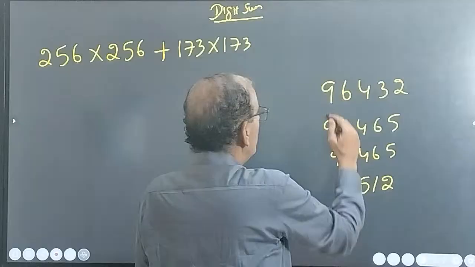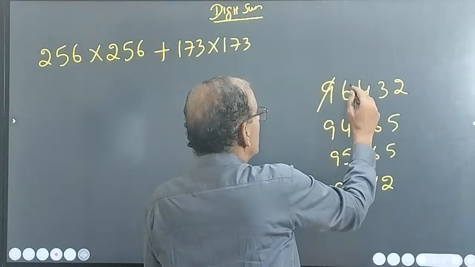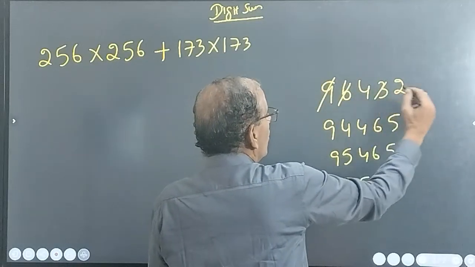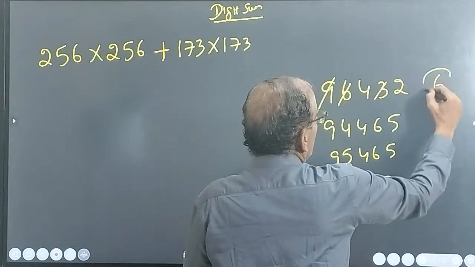I told you 9 means 0. 6 plus 3 how much, is 0. 4 plus 2 how much, is 6.